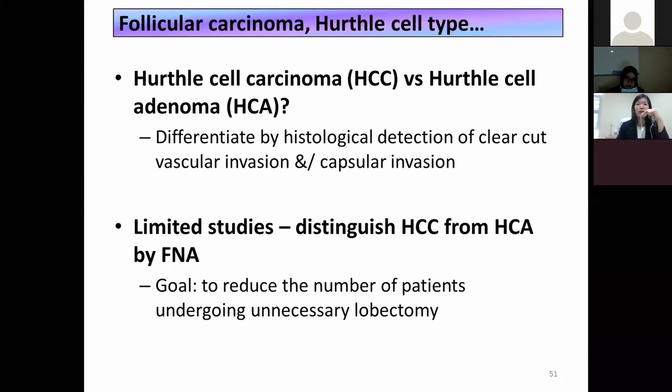Whether or not we can diagnose HCC versus HCA from FNA alone: actually, no. It's very difficult. Gold standard is still histology, but there are some studies trying to distinguish between the two entities. Basically, the goal is to reduce the number of patients undergoing unnecessary lobectomy, so the patient can undergo one step near total or total thyroidectomy.